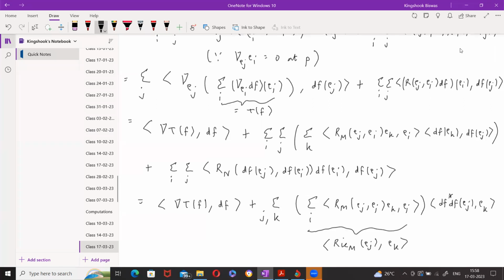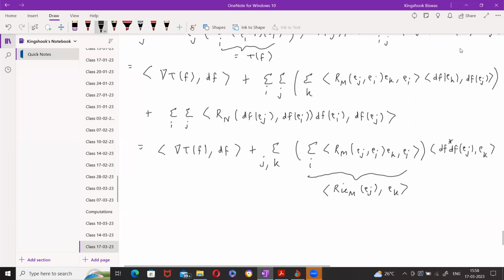Okay, so this is the jkth matrix coefficient of Ricci curvature. This is the jkth matrix coefficient of DF star DF. So this whole sum becomes the trace of DF star DF into Ricci curvature of M. And then finally, this last term becomes, I just interchange the EJ and EI here and I get what I want.